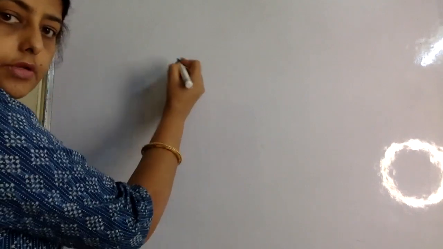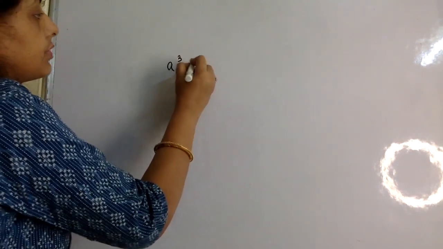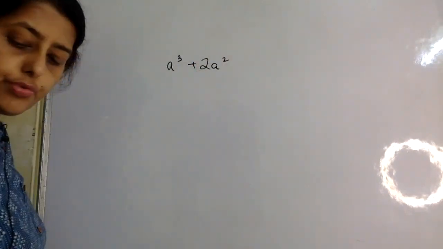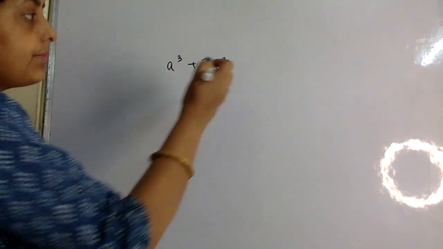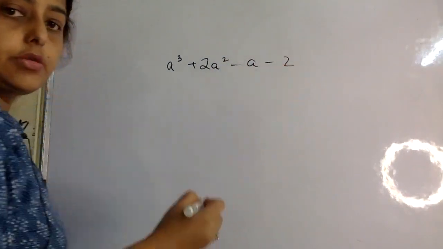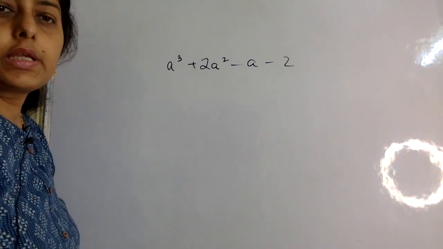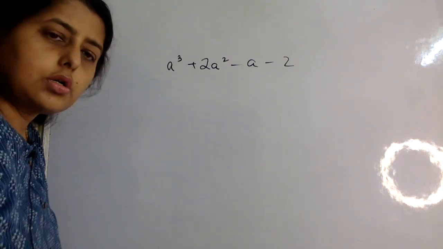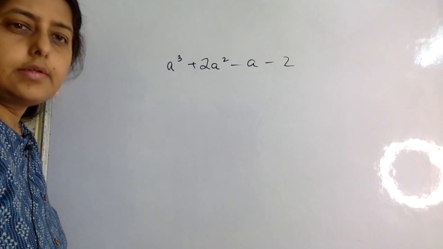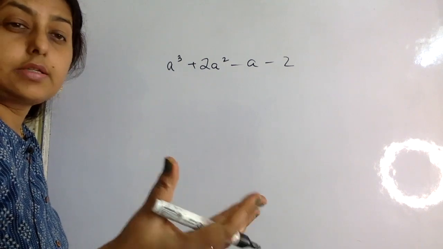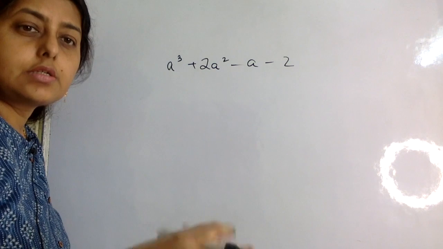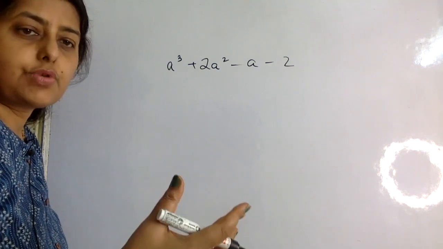Now here is the first question, the very first one: a cube plus 2a square minus a minus 2. If you see this question, it does not look like a difference of squares sum, it does not look like a square minus b square sum.